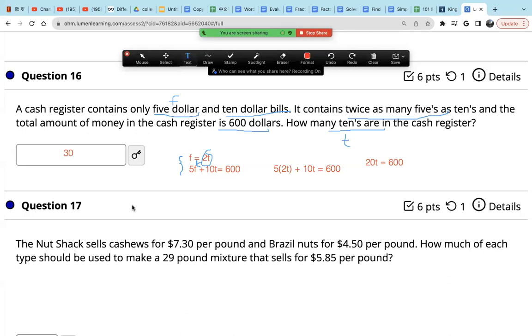So 20 times 30, that's 600. So how many $10 bills in the cashier register? 30 of them.